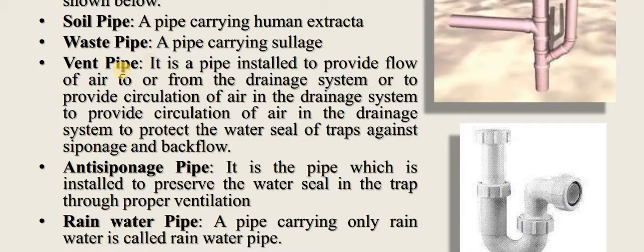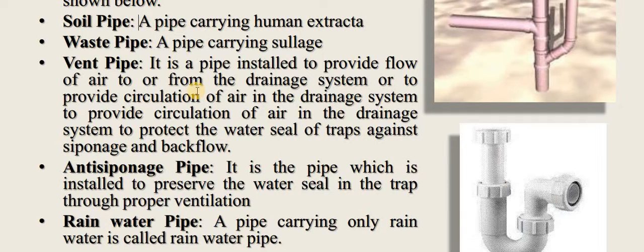Means we have to provide ventilation into the drainage system, otherwise the water seal or the plumbing system may be affected, because the foul gases which are produced in the sewage will not be released.